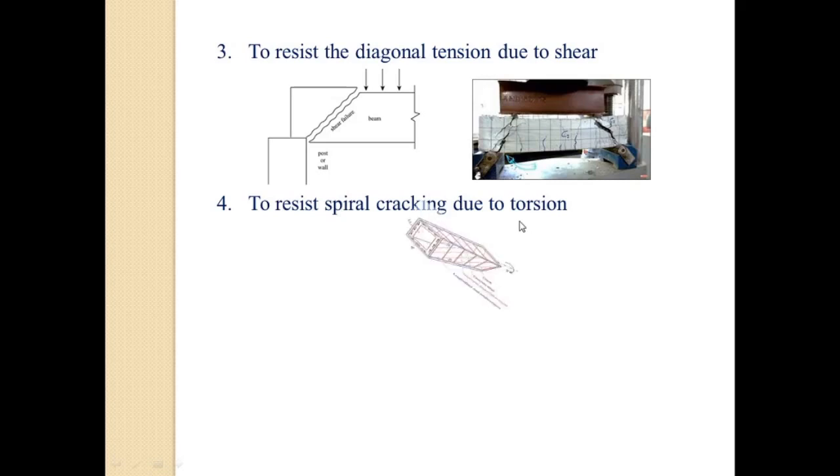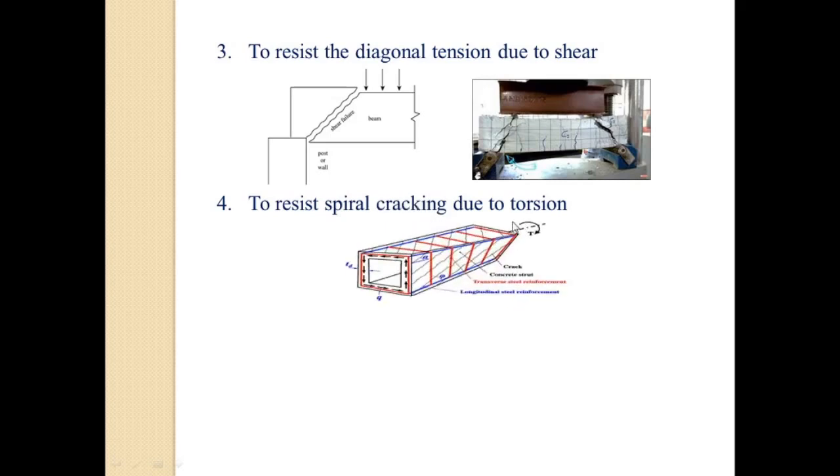A box type mesh of reinforcement is provided to resist the torsion. Here we can see the box type mesh, the longitudinal steel and the transverse steel, that is the stirrups, provided to avoid this spiral cracking due to torsion.